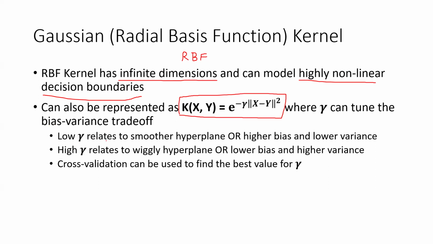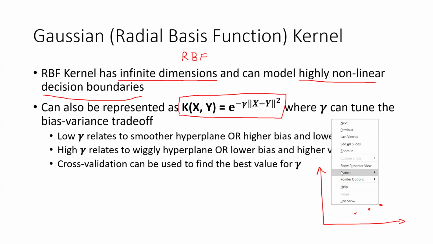With lower gamma, we can have a smoother hyperplane. That means when you have some data points, this smaller gamma would have very smooth hyperplanes.